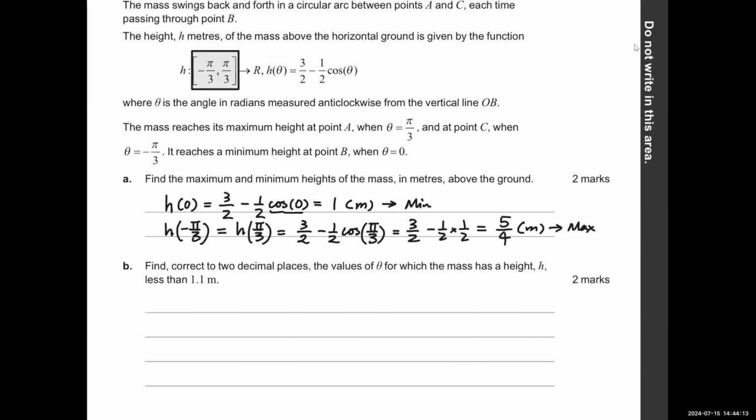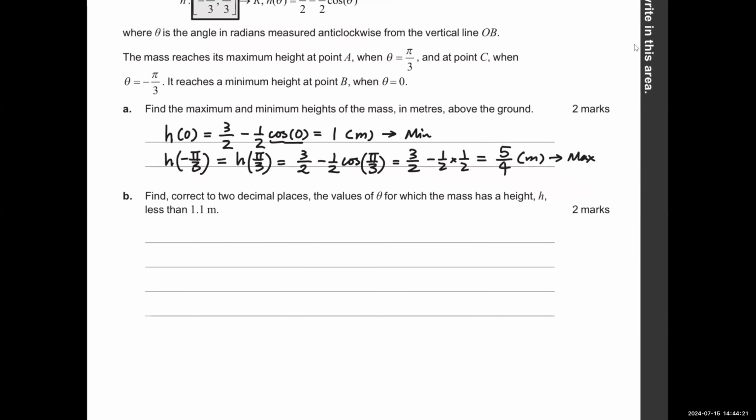Now, find correct to 2 decimal places the values of theta for which the mass has a height h less than 1.1 meters. It looks apparent to us we need to set out an inequality: h of theta less than or equal to 1.1, where theta has an overall domain from minus pi over 3 to pi over 3.